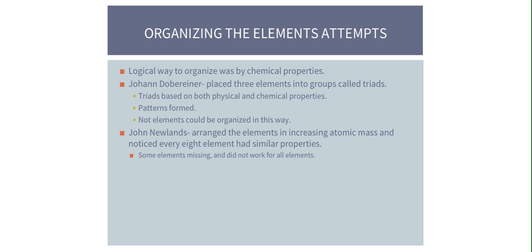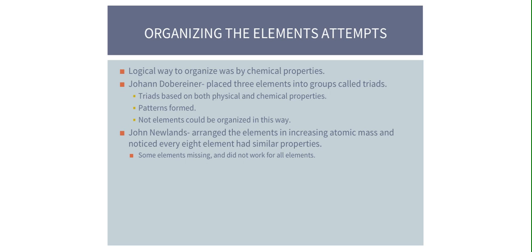In 1829, there was a guy by the name of Johann Döbereiner, and he placed elements in groups called triads. He took three elements, like lithium, sodium, and potassium, and based on their physical and chemical properties, grouped them together.